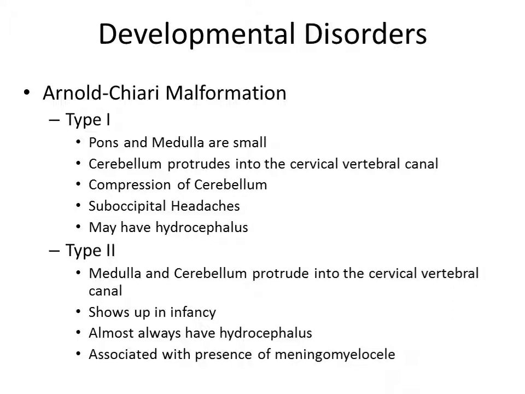Your medulla and your cerebellum are down within the vertebral canal. They're coming out of the skull and protruding into the vertebral canal. And you've got a defect in the inferior aspect of the vertebral column and the central nervous system. So you've got problems really from both ends with neural closure and development of the nervous system.